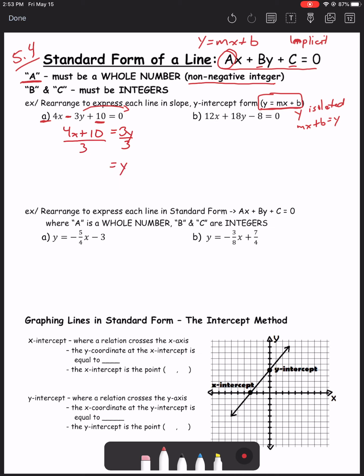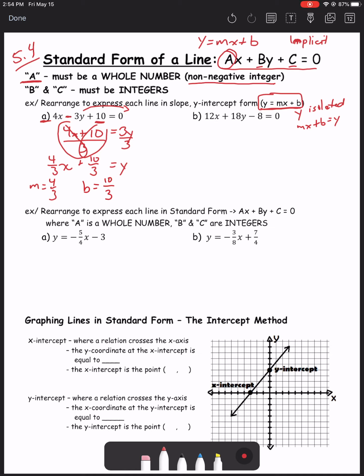So then you get y equals 4/3 x, so this is 4 over 3, and then plus 10 over 3. So now we know that the slope equals 4/3 because the slope is the coefficient on the x, and that the y-intercept in this case equals 10/3.